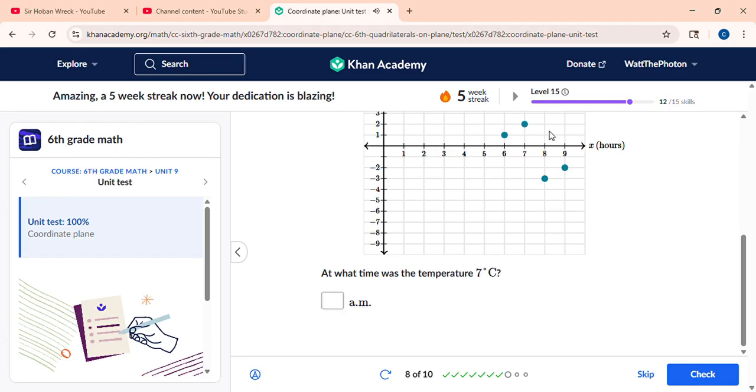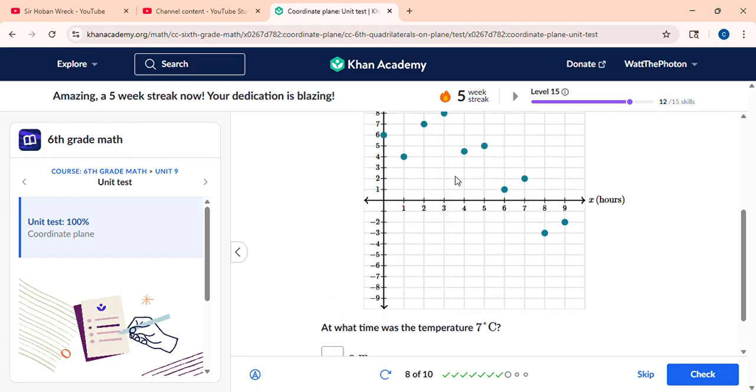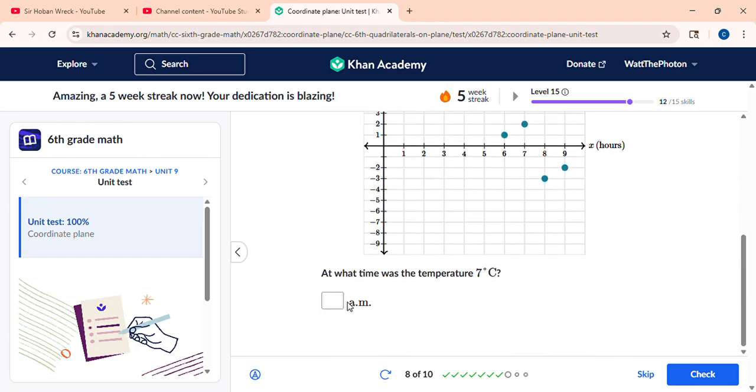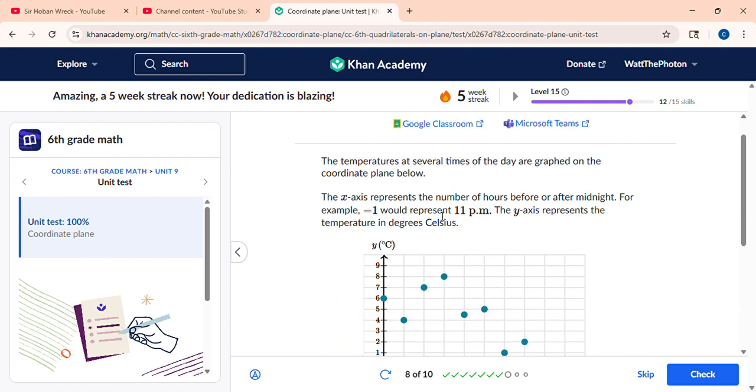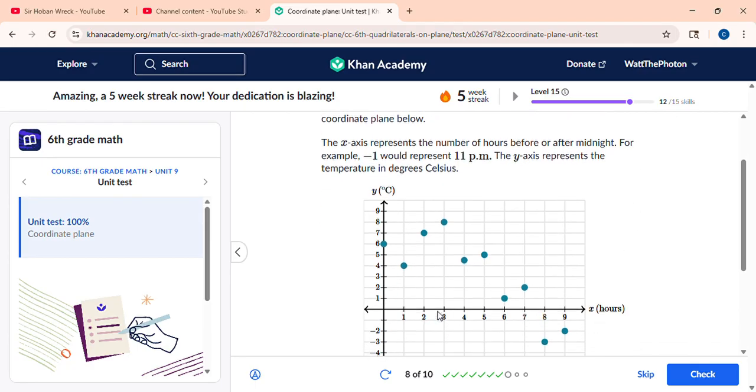What temperature is at 7 a.m.? 7 Celsius. It's 2 hours, and I assume it starts at 12. The x-axis represents the number of hours before or after midnight. For example, negative 1 represents 11 p.m. Midnight, 1, 2.